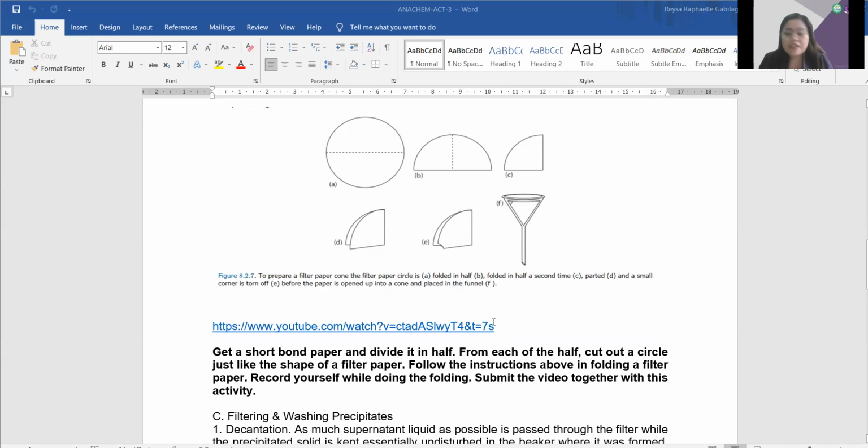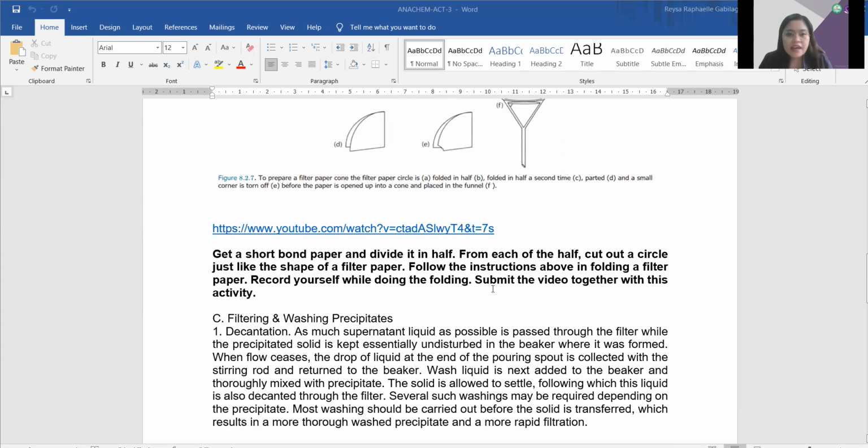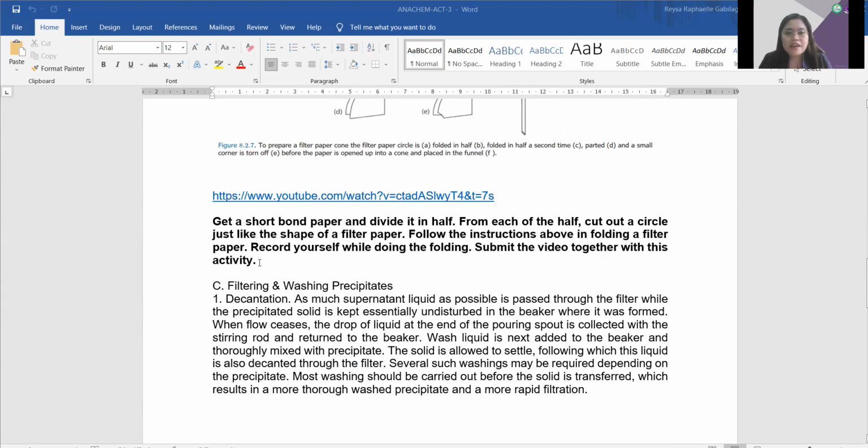I have given you the link in the worksheet. And please take note of the instruction. You have to get a short bond paper and divide it into half. And then from each of the half, you have to cut a circle kagaya nung mukha ng filter paper natin in the laboratory. And then you have to follow the instruction on how to fold the filter paper.